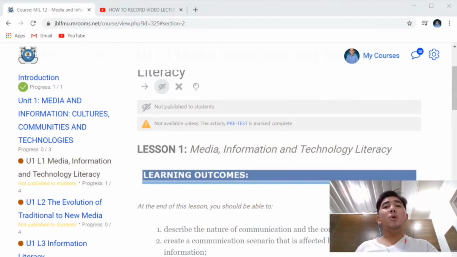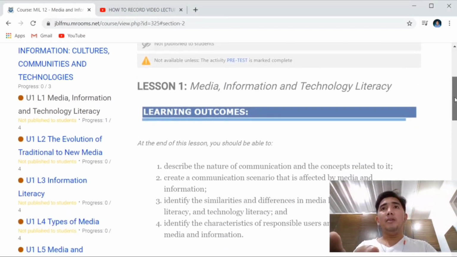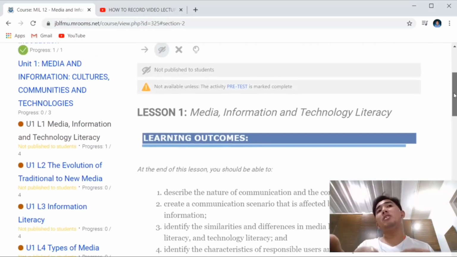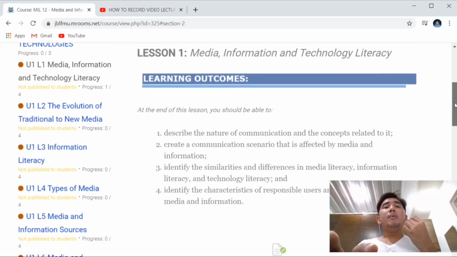Today, we're also going to tackle lesson 1. Right before we discuss lesson 1, we're going to read first the objectives of our lesson. Right after this discussion, you should be able to describe the nature of communication and the concepts related to it, which I know you have learned already in your oral communication way back when you were in grade 11.